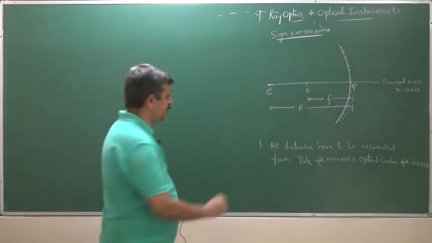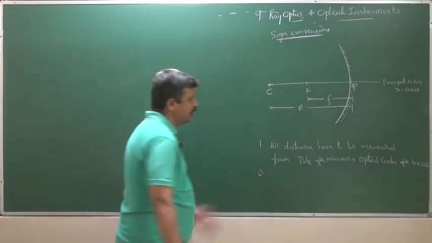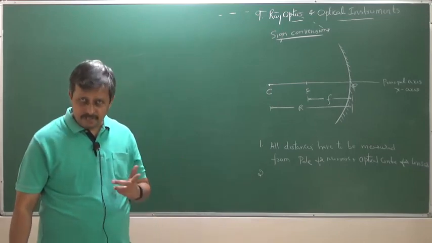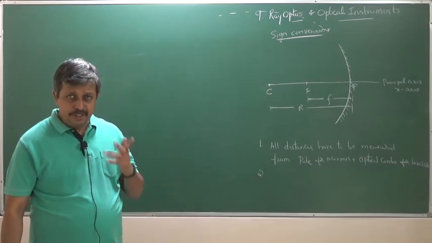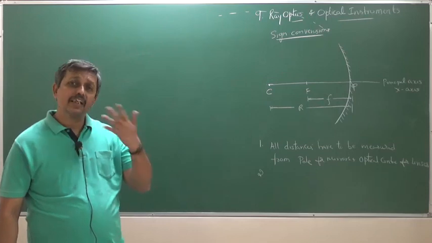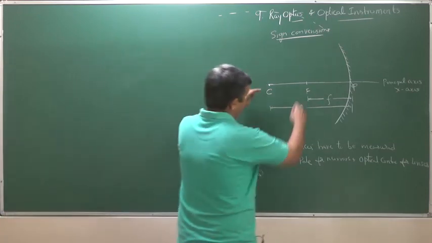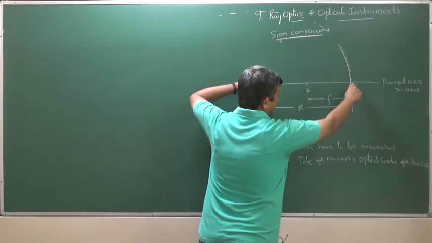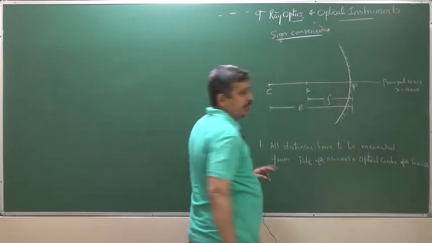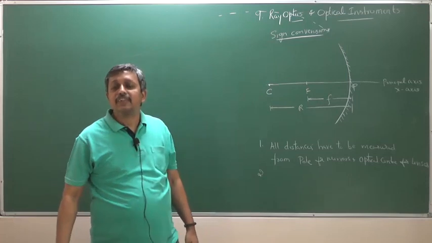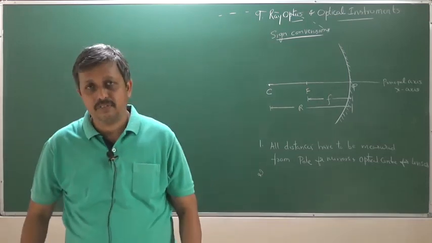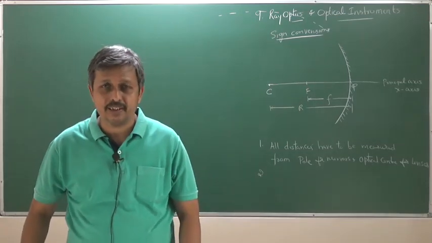So what does it mean? The first one means measuring the distances in one direction. Generally, when you say CF or CP, it is some length, which is what we call distance. And distances we never treat as positive or negative; only in displacements do we talk like that.